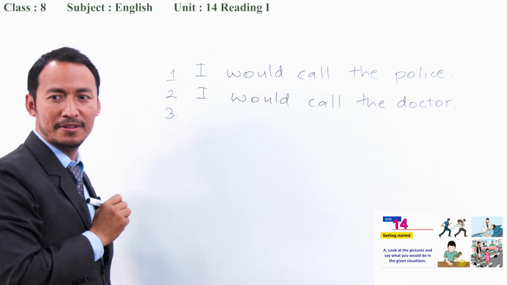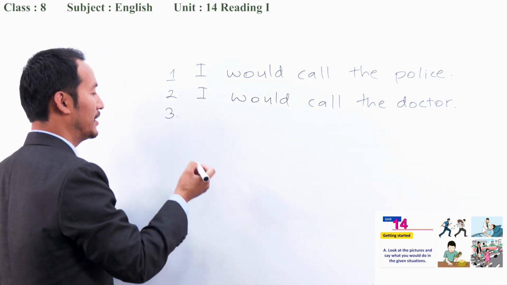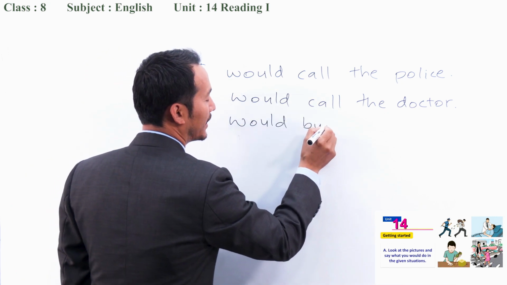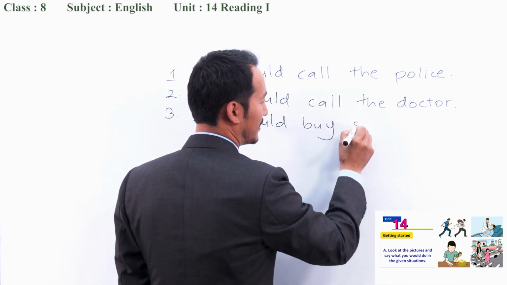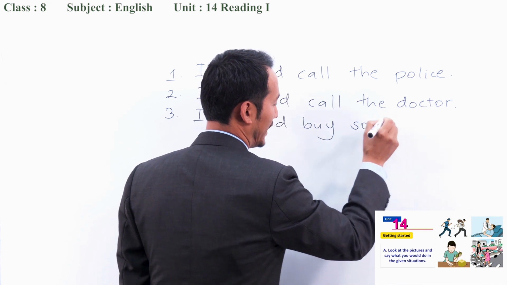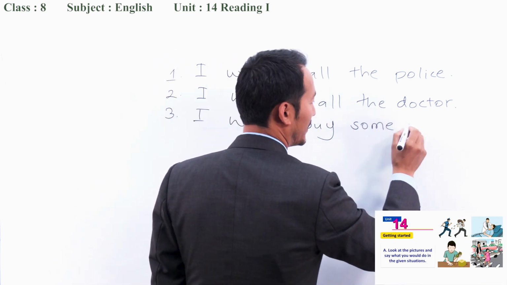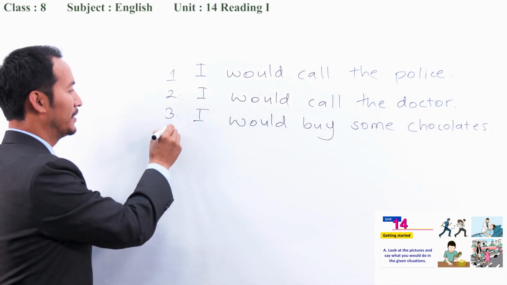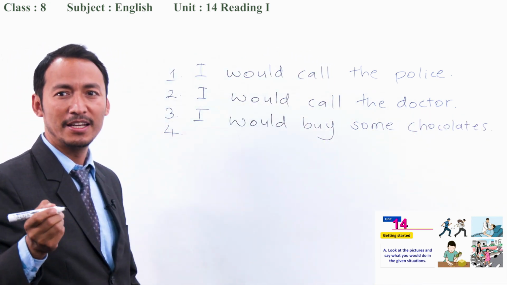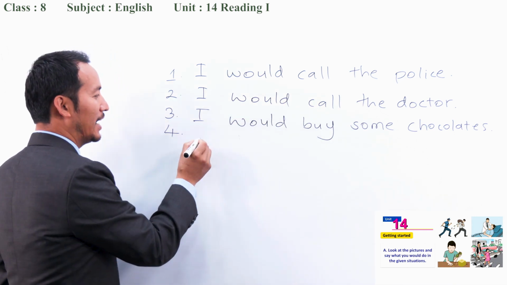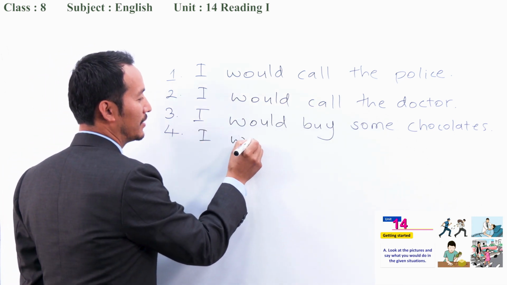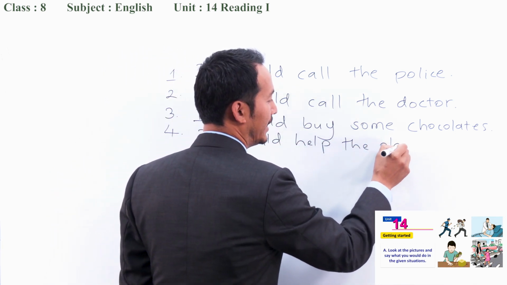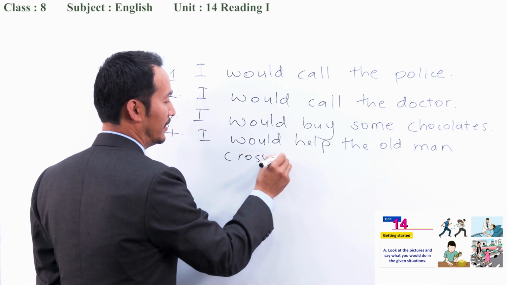And for the third picture, if you have a collection of money, you can say, I would buy some chocolates or anything that is important. And for the fourth picture, you can say, I would help the old man cross the road.